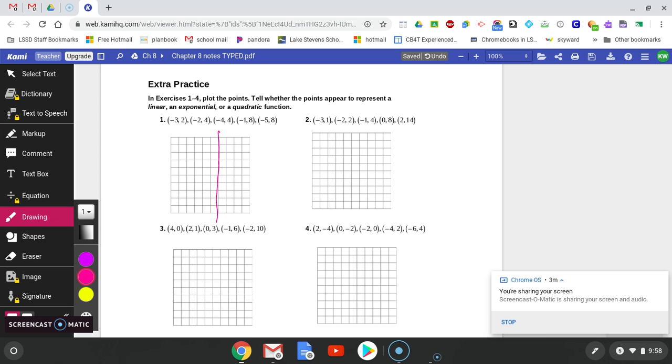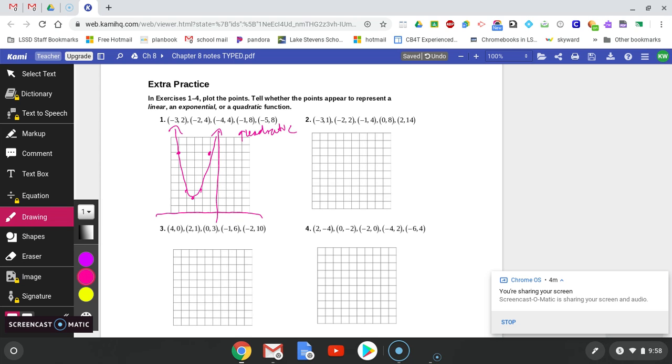So if I draw in my coordinate grid and I graph -3, 2, -2, 4, -4, 4, -1, 1, 2, 3, 4, 5, 6, 7, 8, and -5, 8. Oops, sorry, that was 1 over. Let me delete that one.